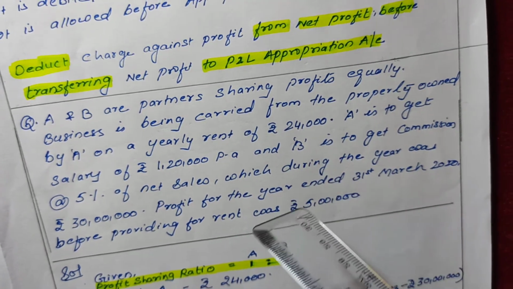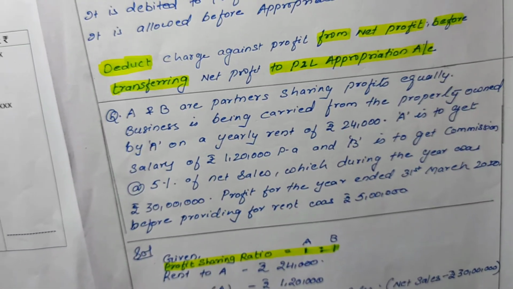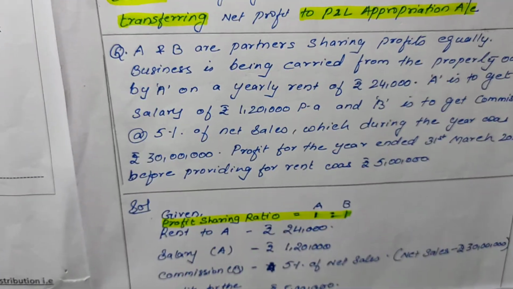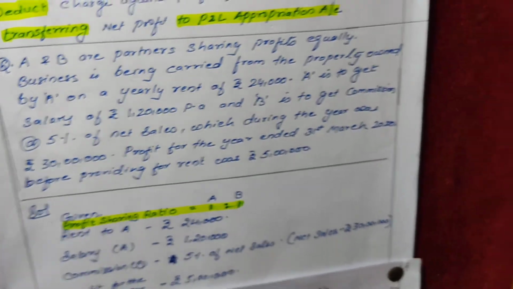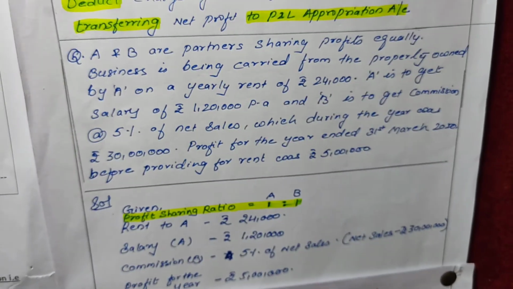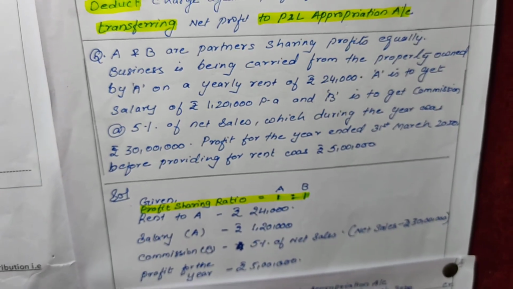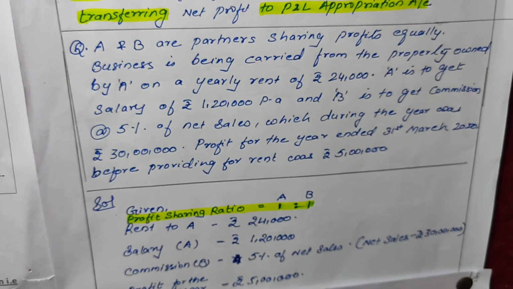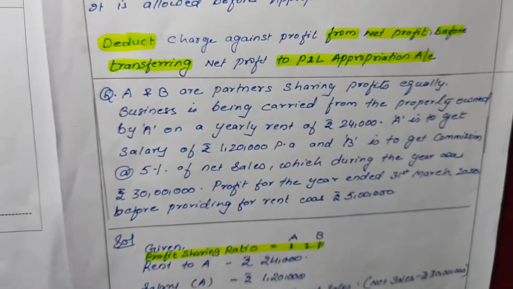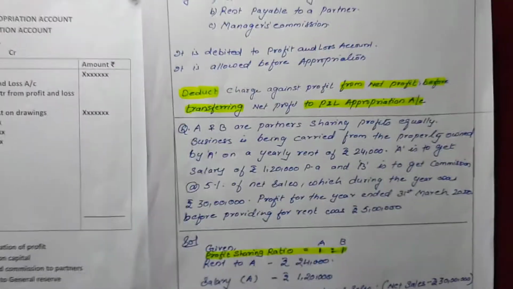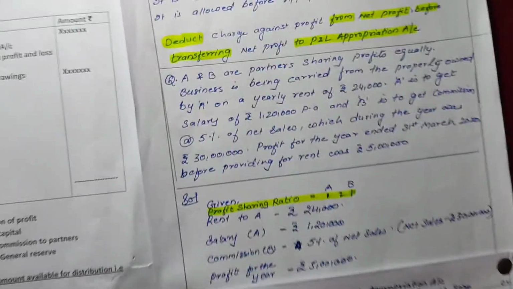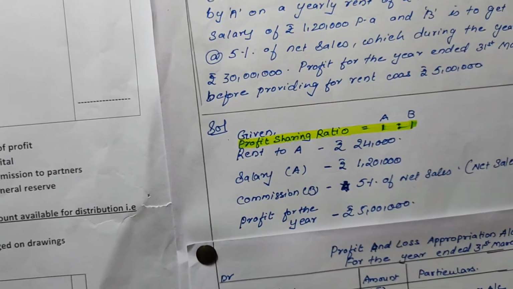First we will write the given information. As I always say to you, we must always write the given information. That makes it easier to solve the problem. At a glance you can see what all adjustments are given regarding the question, and by this you can solve the problem.